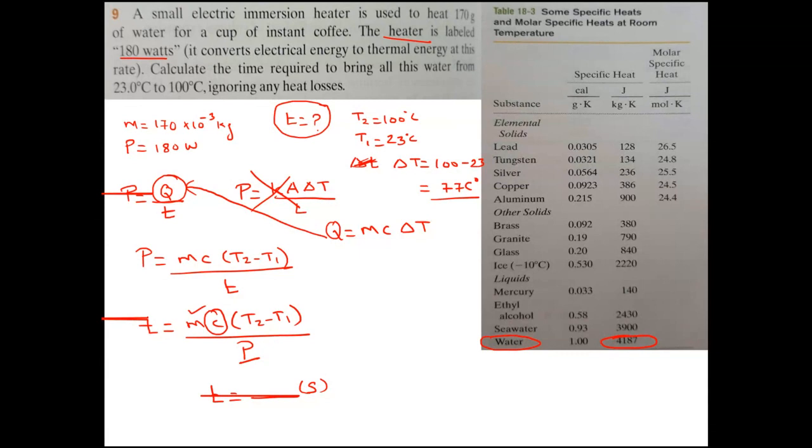Clear? Doctor, do I have to convert the temperature to Kelvin? No need, my dear. I told you in the classes, a change in Kelvin is exactly equal to a change in Celsius degree. Do you remember that? Even if you convert into Kelvin, you will get the same thing.